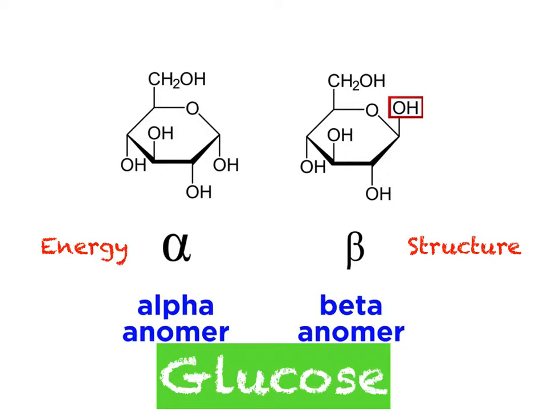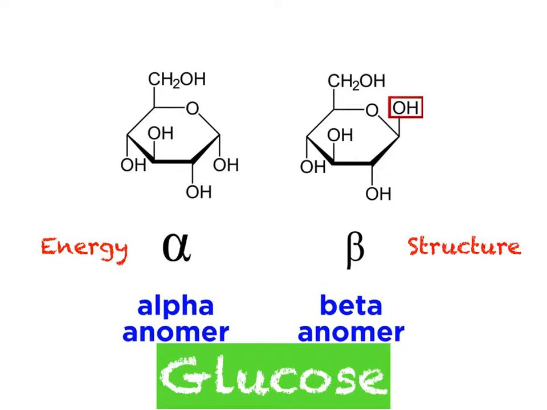And we have 2 isomers here, alpha and beta, or alpha anomer and beta anomer, depending on the presence of the anomeric carbon atom.